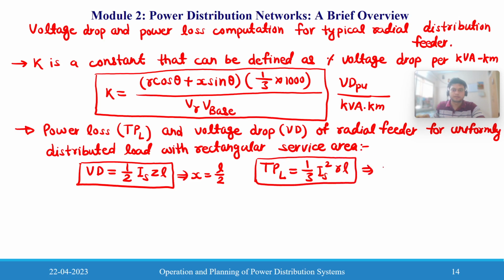For the lump load to give the same power loss, it should be connected at one third of the length of the feeder, L divided by 3.